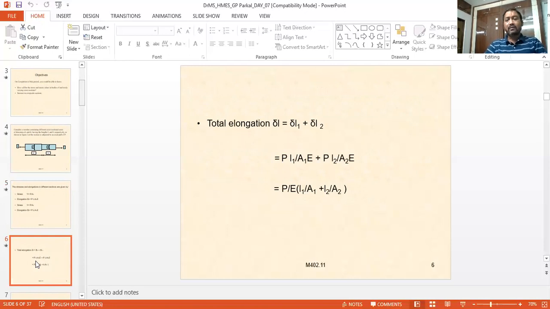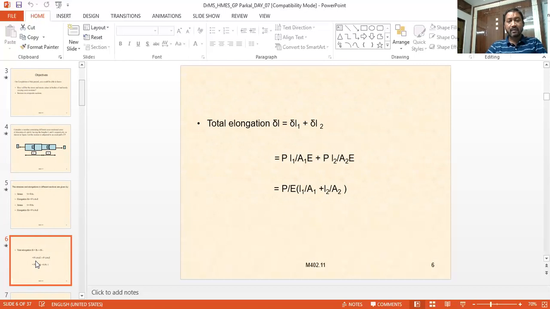Now the total elongation of the bar can be found by the equation: total elongation delta L is equal to elongation at section 1 plus elongation at section 2. So we got the equations for the elongations at section 1 and section 2.